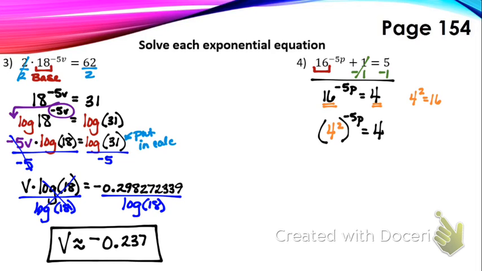Does anybody remember our rules for when we take a power to a power? What do we do with those two things? Starts with an M. Multiply. So this is 4 to the power of 2 times negative 5p equals 4, or 4 to the negative 10p equals 4.